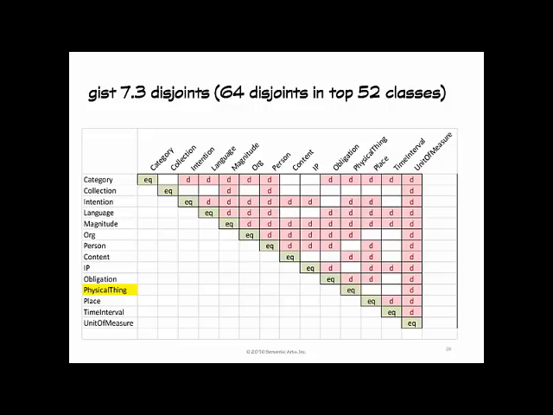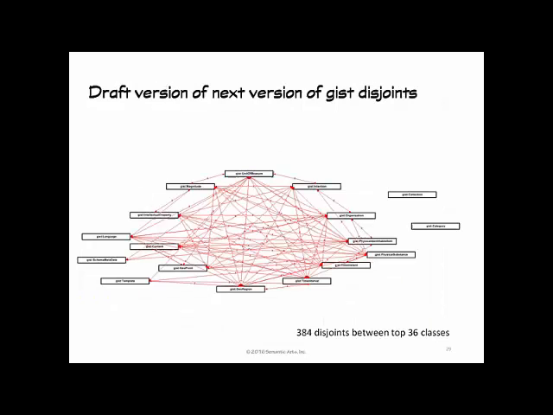I'm doing a refactoring of GIST, and mostly not changing what anything means, but flattening out the import hierarchy. But I decided to also tackle this disjointness issue one more time while I was at it.